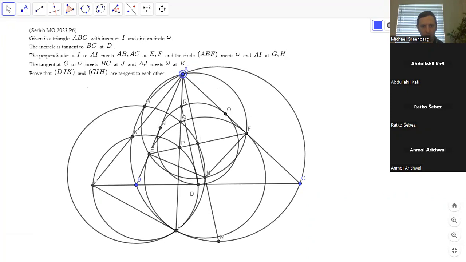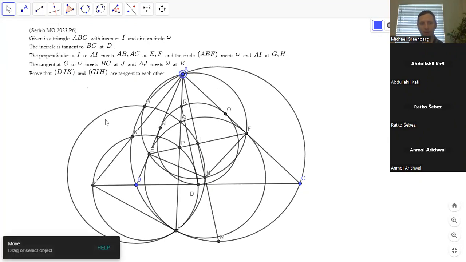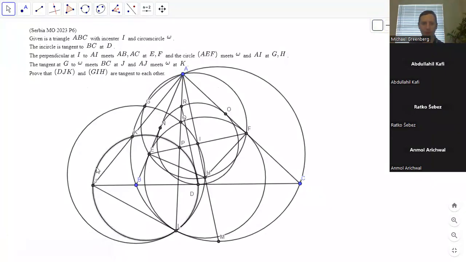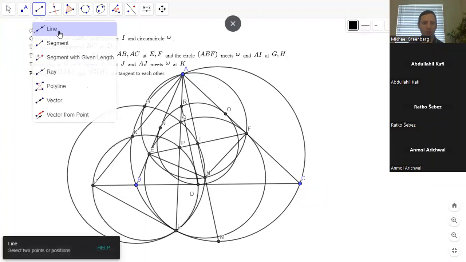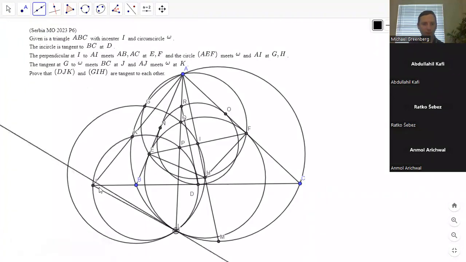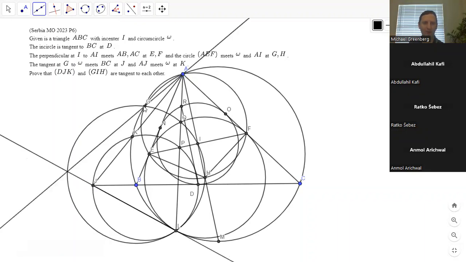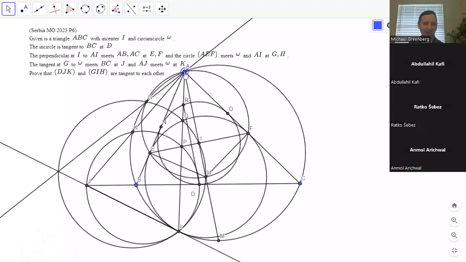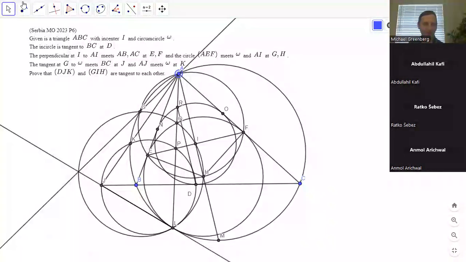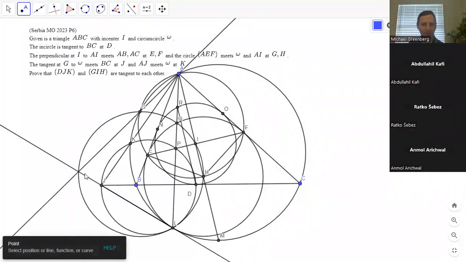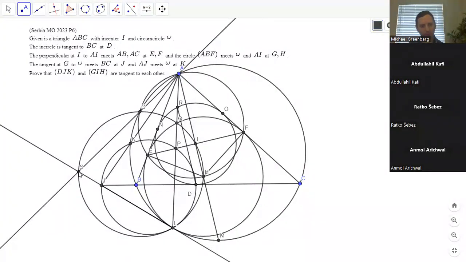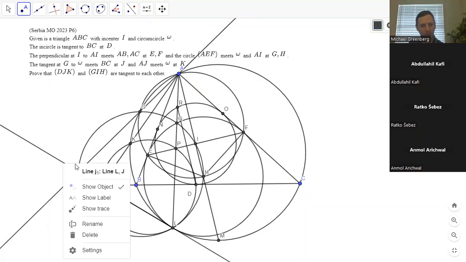So we could try to show there's a homothety between these two circles. For example, maybe LJ meets AG. It's just a guess. LJ and AG look like they meet at a point on the circle.